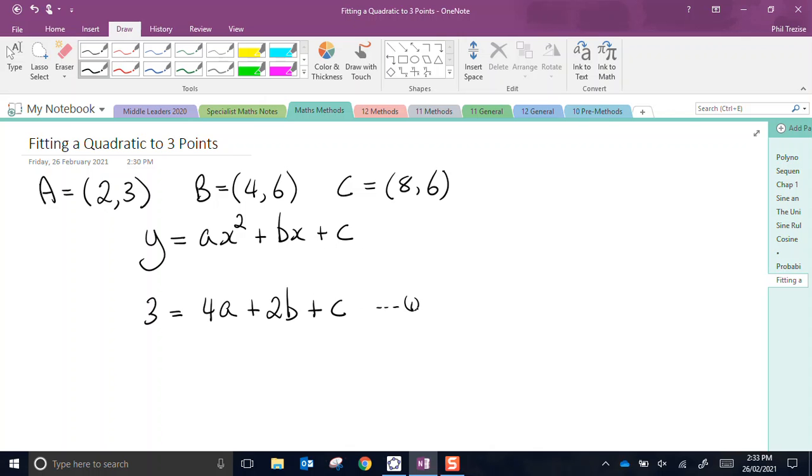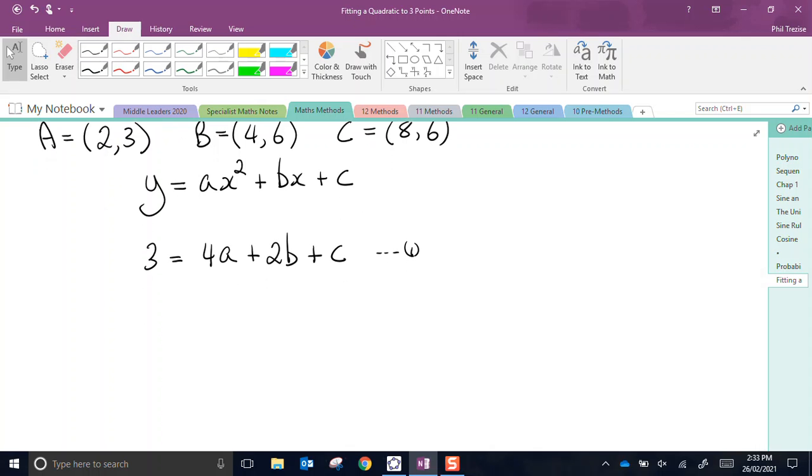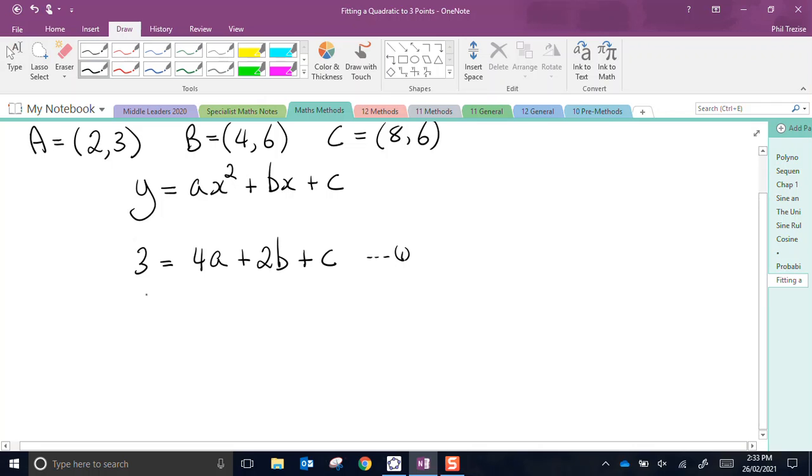Let's call that equation 1. Now I'll substitute point B. The y value of 6 would take the place here. X is 4 this time, so 4 squared would be 16 times a, 4 times b, plus c, and we'll call that equation 2.